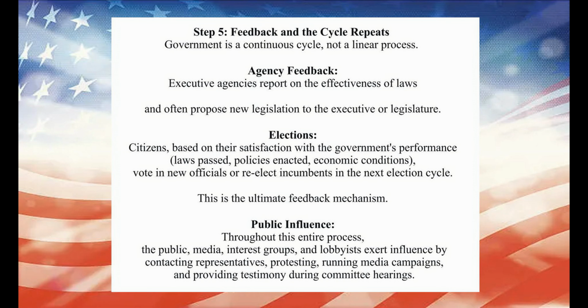This is the ultimate feedback mechanism. Public influence: throughout this entire process, the public, media, interest groups, and lobbyists exert influence by contacting representatives, protesting, running media campaigns, and providing testimony during committee hearings.